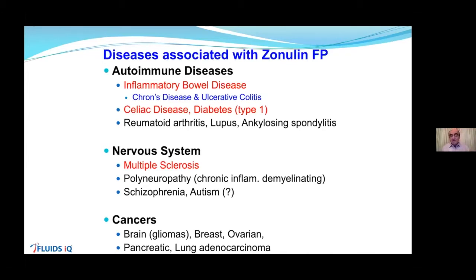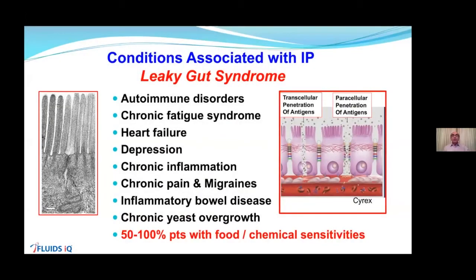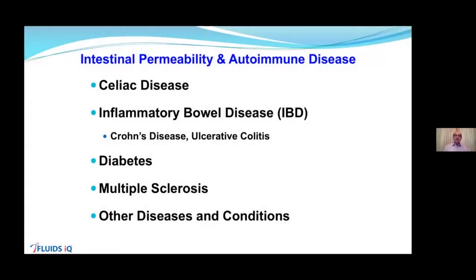And I'm going to mention autism. We can discuss that later, but I can tell you that there's more and more evidence that one of the features of the pathogenesis of autism is intestinal permeability problems and massive dysbiotic behavior. So there are a whole number of conditions which you will see in your PDF that are part of what used to be called leaky gut syndrome, increased intestinal permeability.